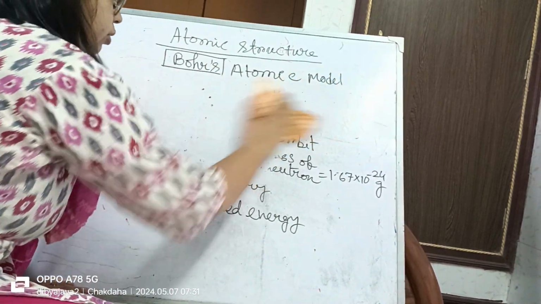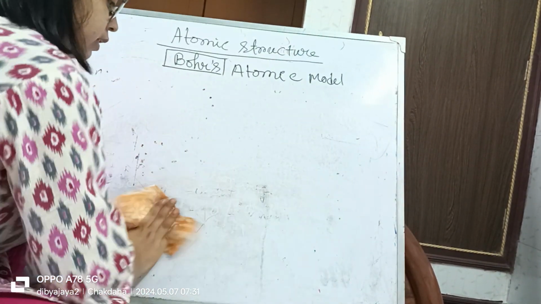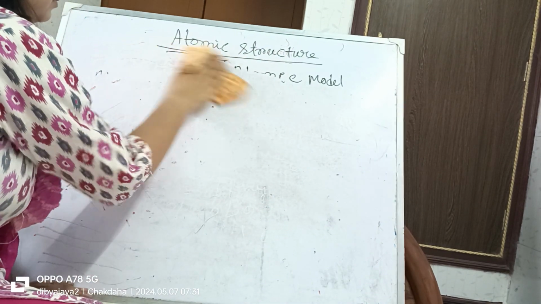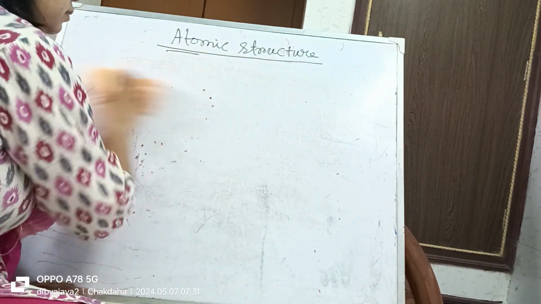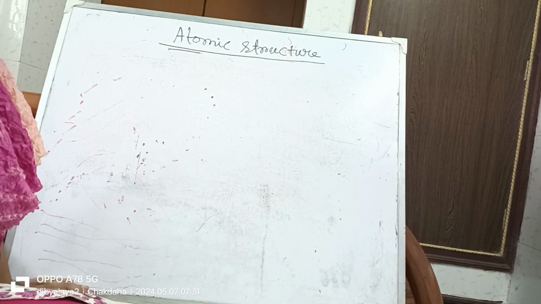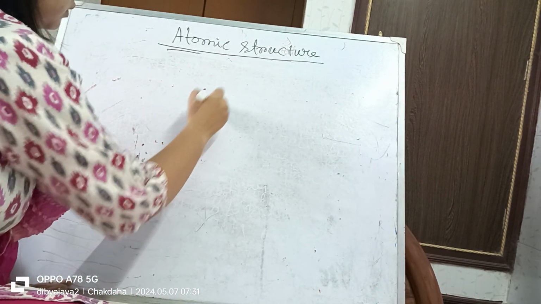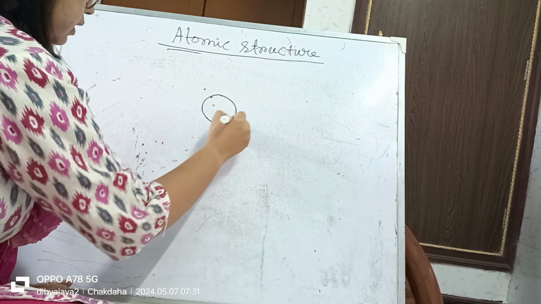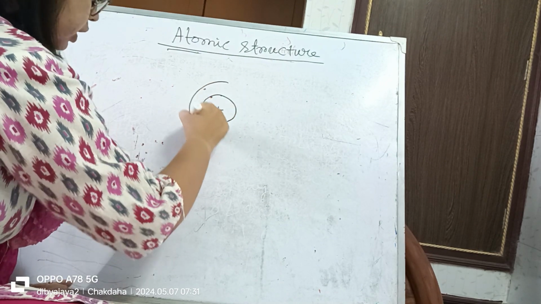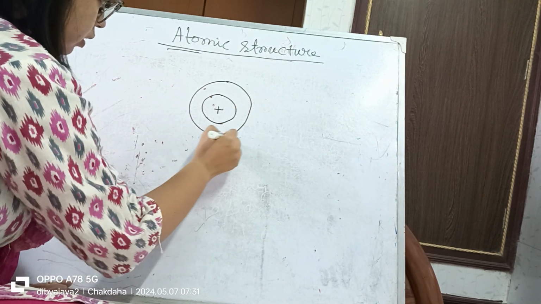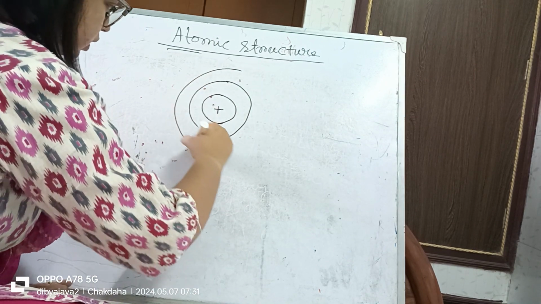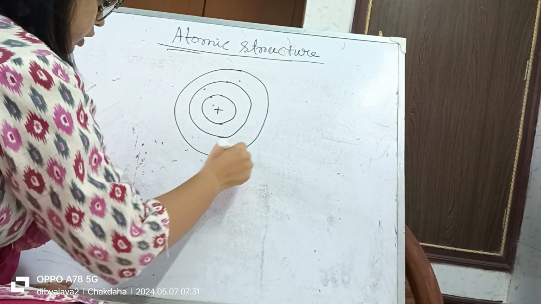If an atom has more than one shell, what is the electronic configuration?